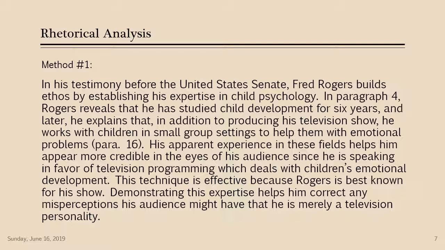His apparent experience in these fields helps him appear more credible in the eyes of his audience, since he is speaking in favor of television programming which deals with children's emotional development. This technique is effective because Rogers is best known for his show. Demonstrating this expertise helps him correct any misperceptions his audience might have that he is merely a television personality.